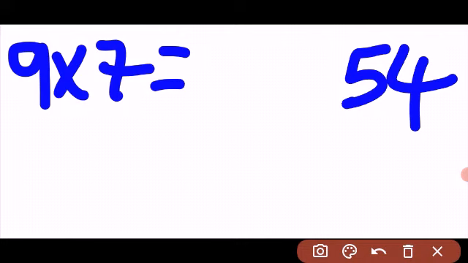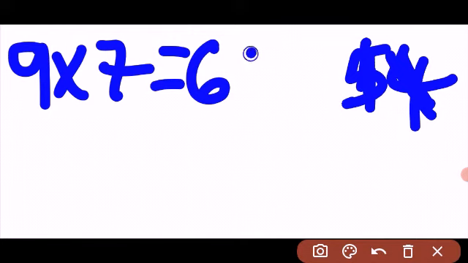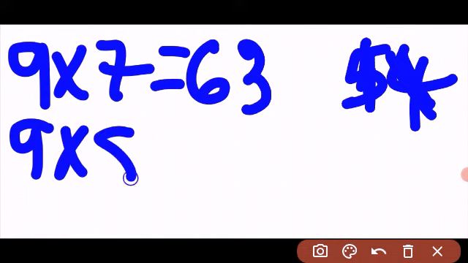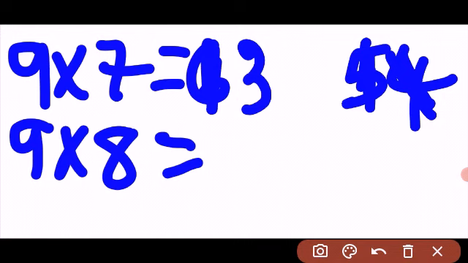Okay, 9 times 7. 9 times 7, the last number was 54. Now, after counting 5 upwards, what's the next number? 6. After counting 4 downwards, what's the next number? We count 3. 9 times 8, what will it be? After counting 6 upwards, we count 7. 1, 2, 3, 4, 5, 6, 7.